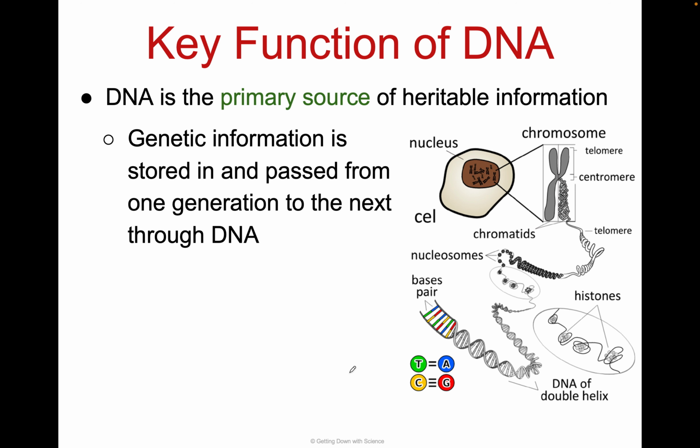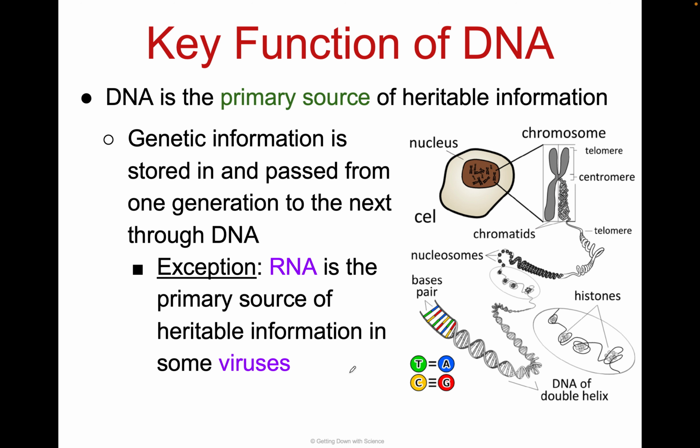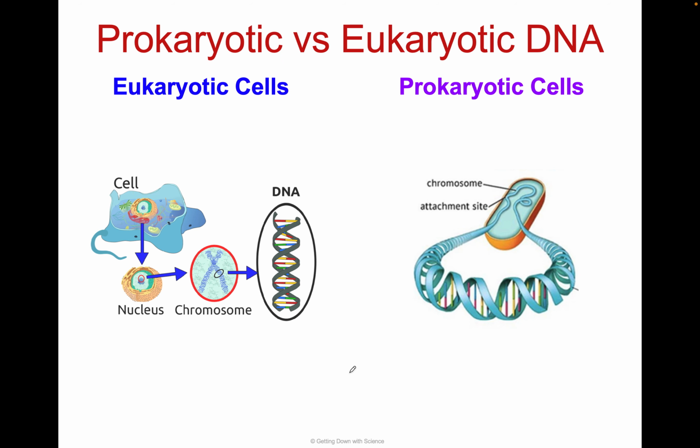Instead of 1s and 0s, we have A's and T's and C's and G's. Same kind of idea though. There is an exception. Because this is a biology class, we talk about all things living, not just humans. RNA is the primary source of information for some other prokaryotic cells, some viruses, some other lower order organisms.